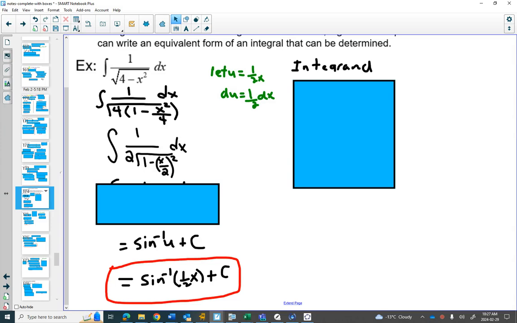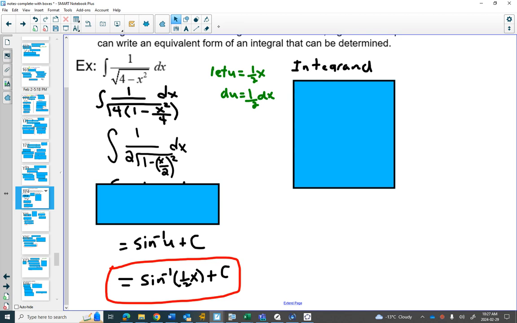You might want to make u equal x over 2, or 1/2 x. Then your derivative is just 1/2 dx.